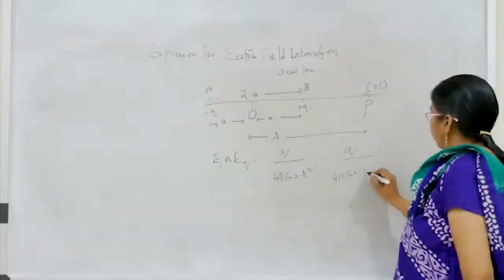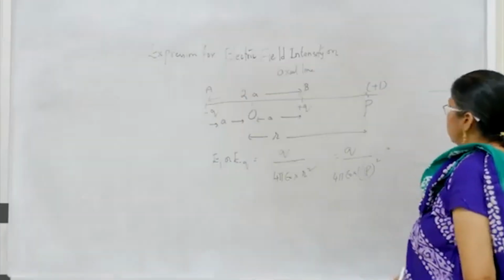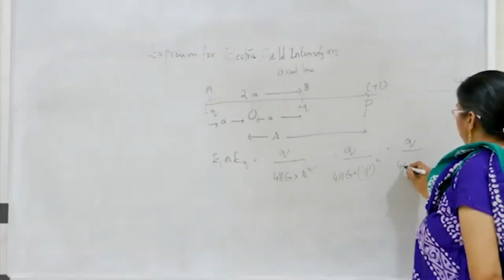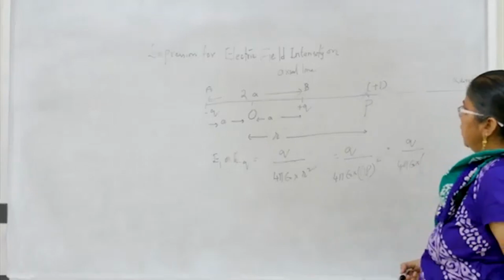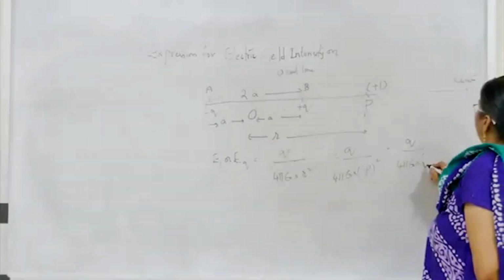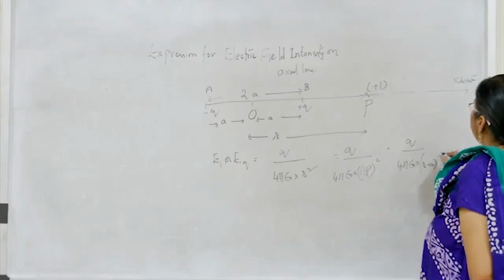So AP whole square. So this is given by Q by 4 pi epsilon 0 into AP square. So this is R and this is A. So it becomes R minus A whole square.